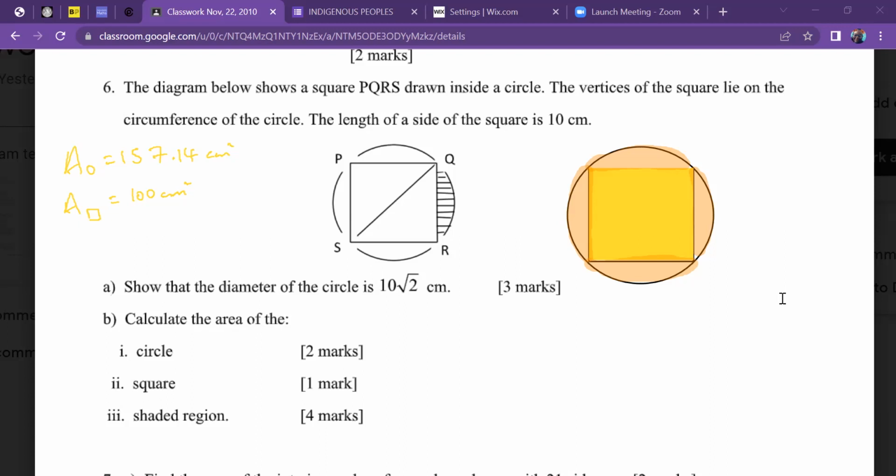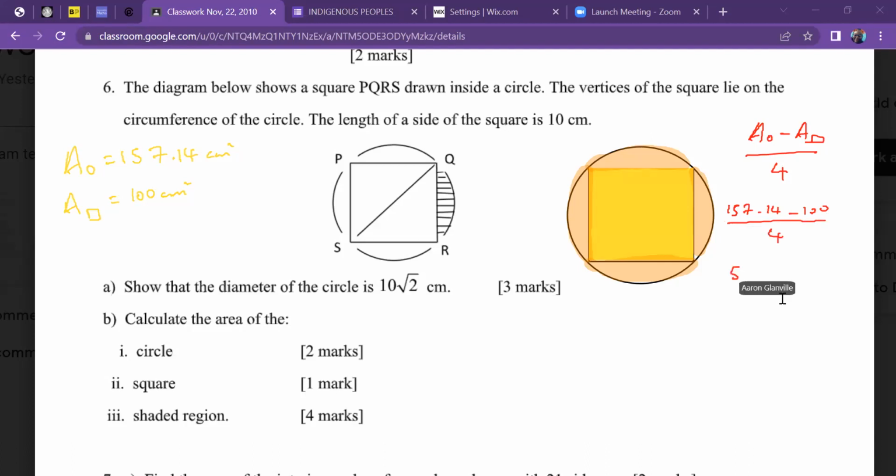So we subtract the area of the square from the area of the circle so that we can understand whatever is left. And then we divide it by 4, or multiply it by a quarter, in order to get the area of the shaded region. So let's do all that. Area of circle minus area of square, divided by 4. That's 157.14 minus 100, divided by 4.